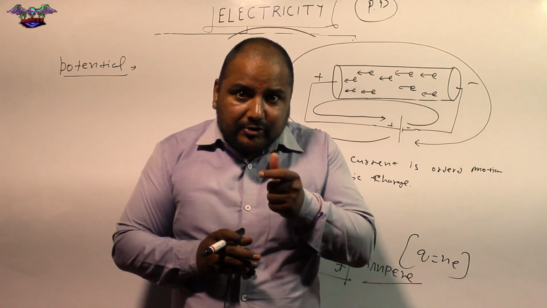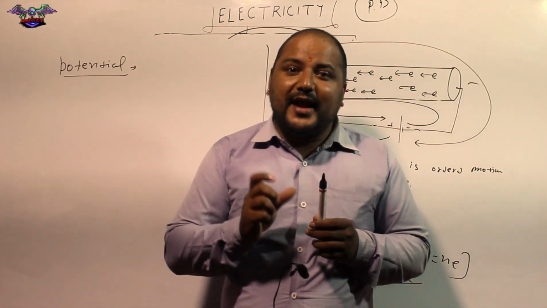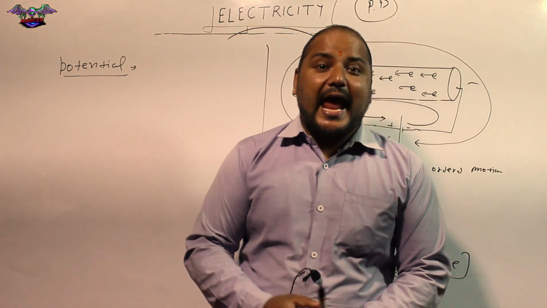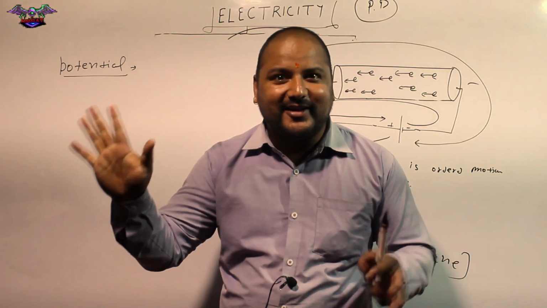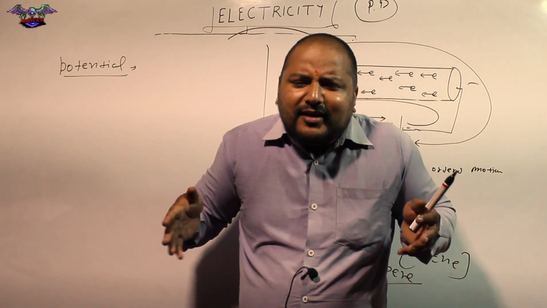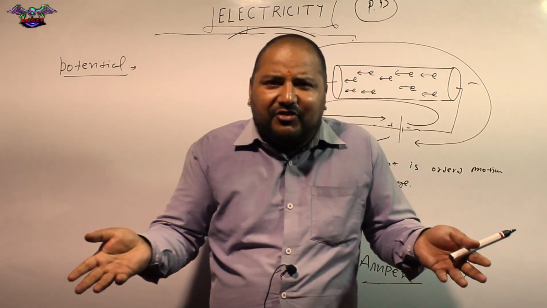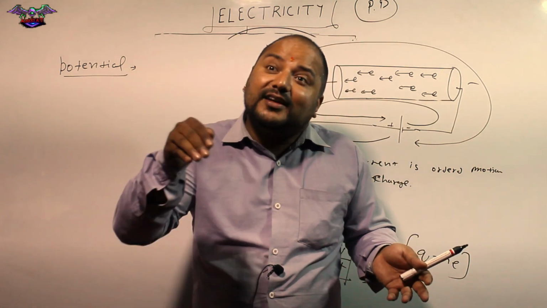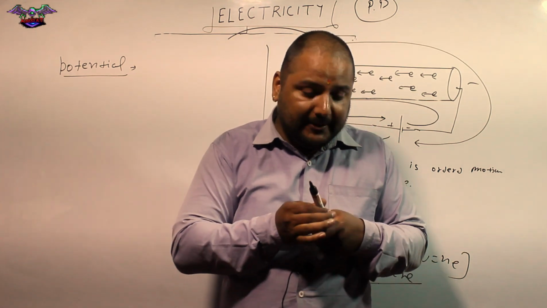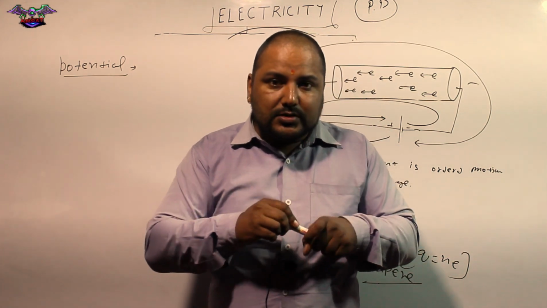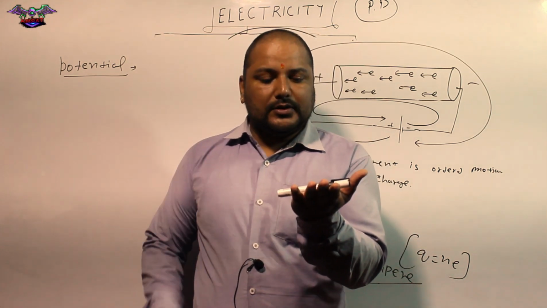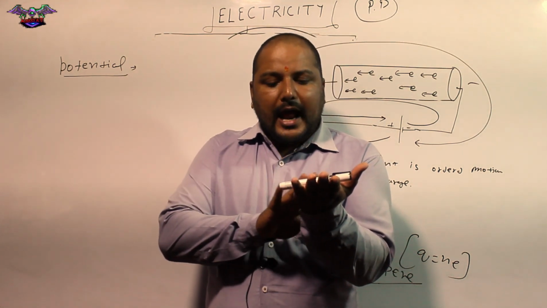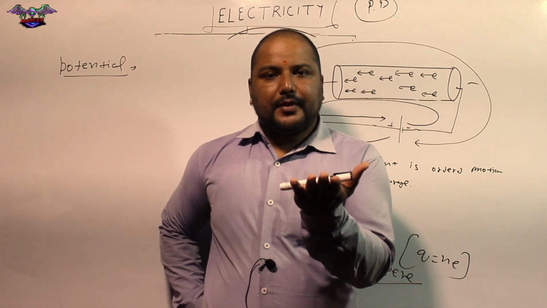I want to give a simple statement of the potential: ability to do the work automatically. You are giving a very less effort, but the work is happening. For example, this is an object. At this time, this is not able to move anywhere.